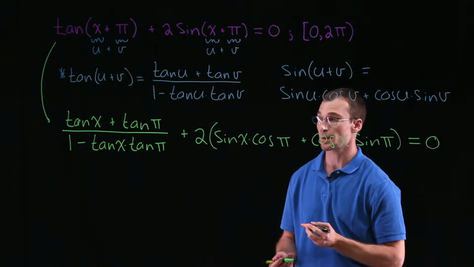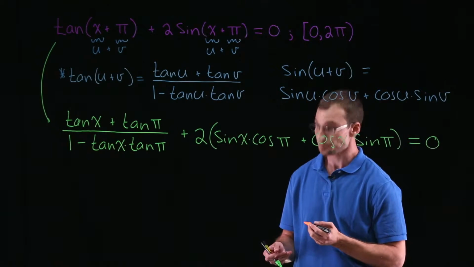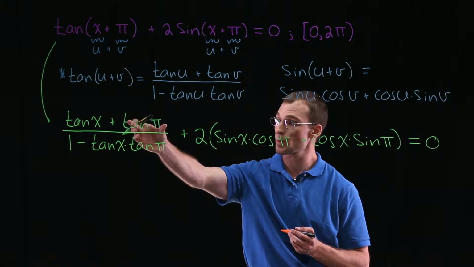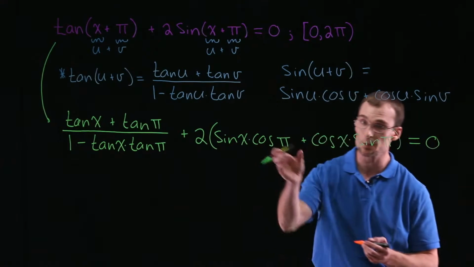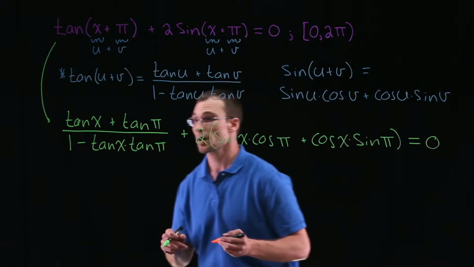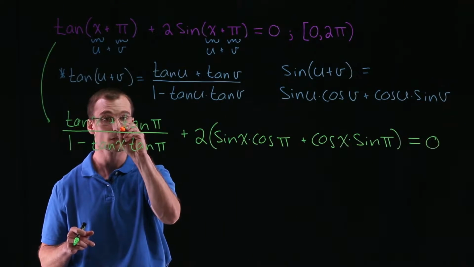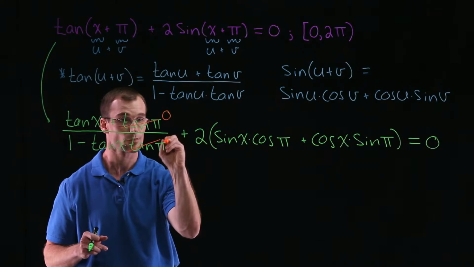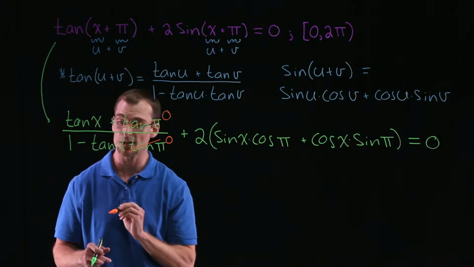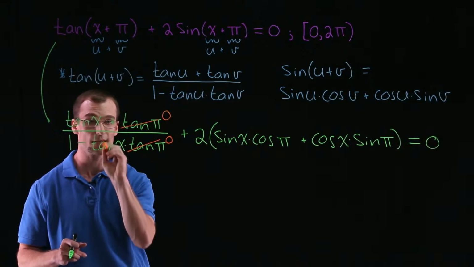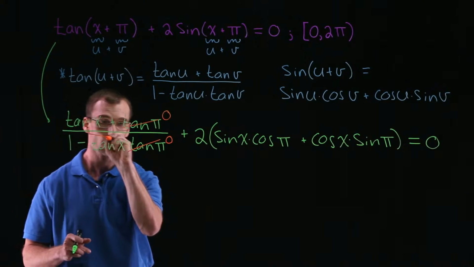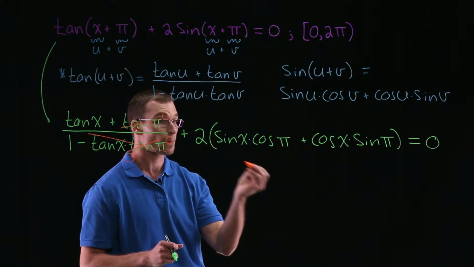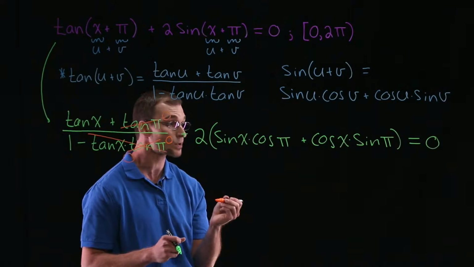So what can we do from here? Well, we want to try to simplify this. For starters, we can evaluate the trig functions we know, namely tangent of pi, cosine pi, and sine of pi. Tangent of pi is equal to 0. So in the numerator, we just have tangent of x, and in the denominator, we have 1 minus tangent x times 0, so that entire term becomes 0. And over here, 2 times sine of x times cosine of pi.